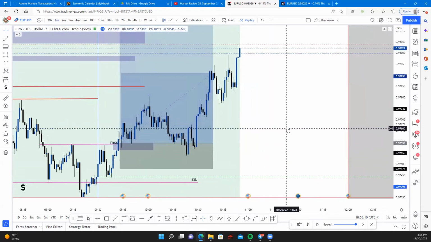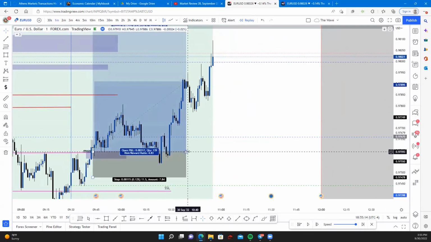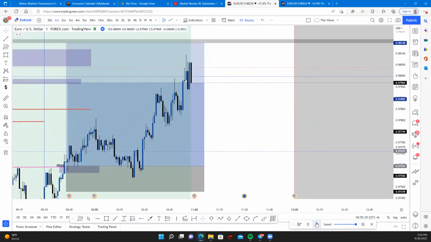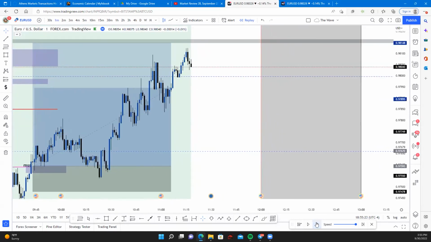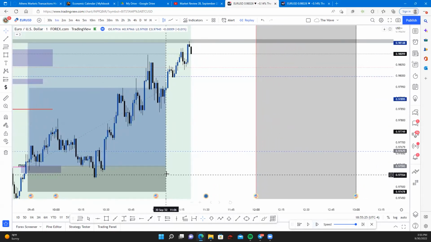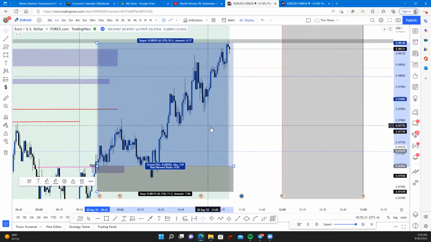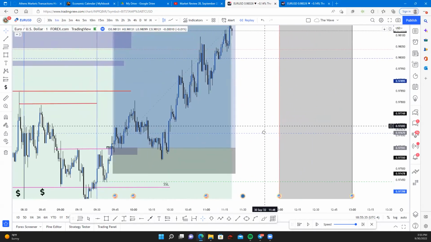Our stops were safe, about 11 or 12 pips there. Let's move this over. And bam, take profit hit there for 55 pips. And then we take our money and we go.